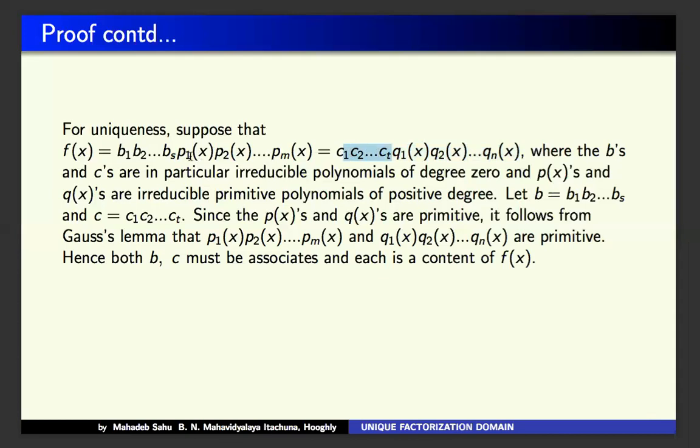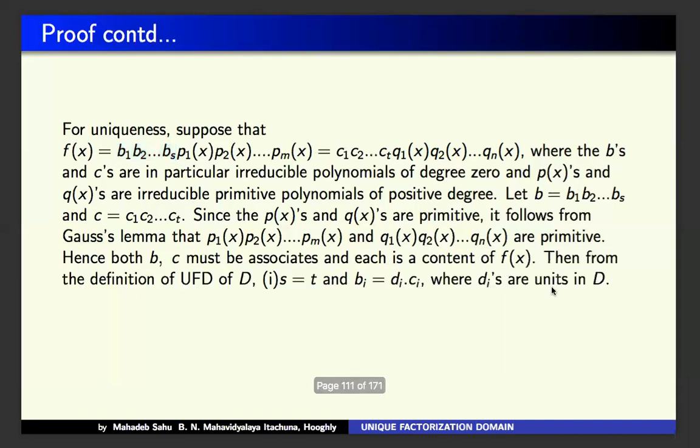Therefore, these factors must be either equal or differ only by multiplication of a unit. So B, meaning the product B1 up to Bs, and C, meaning the product C1 up to Ct, must be associate and it is a content of f(x).